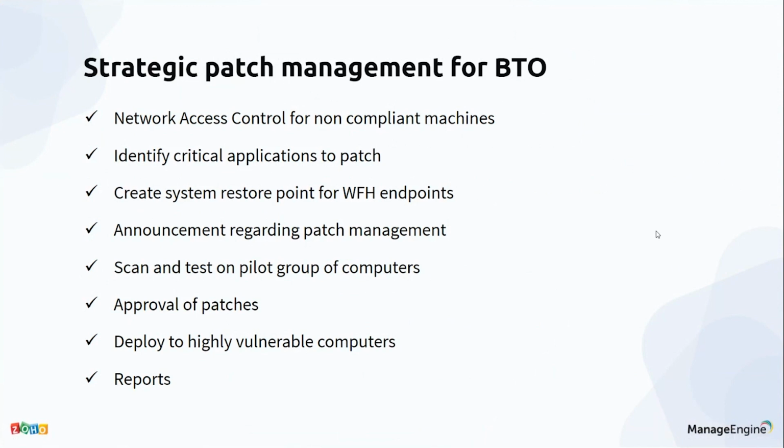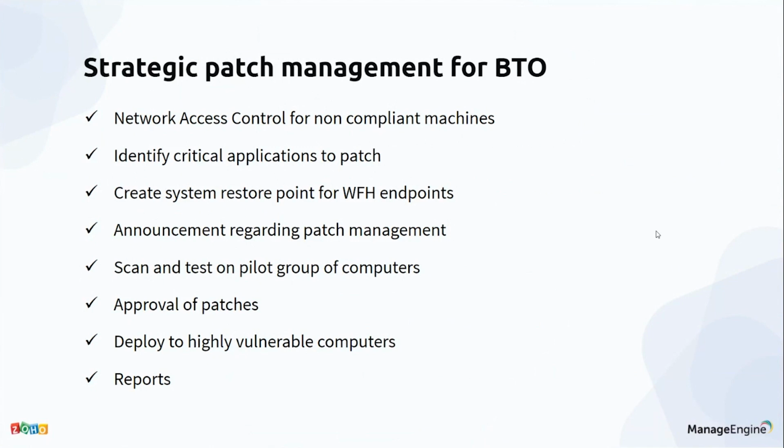The next objective is to keep the end users informed about the patching schedule. Then we will be testing the newly released patches on a pilot group before deploying them to bulk computers. Based on the testing results, we will be approving the patches and deploying them to highly vulnerable systems, and generating a report based on the activities.